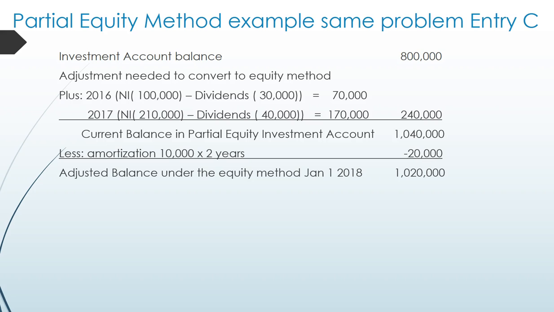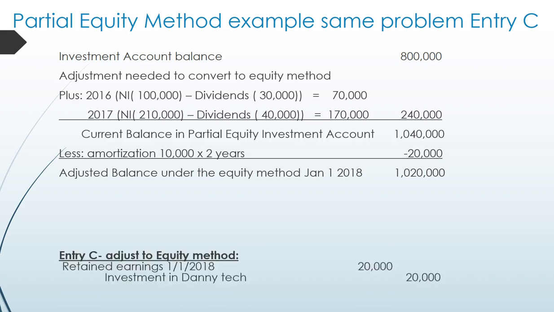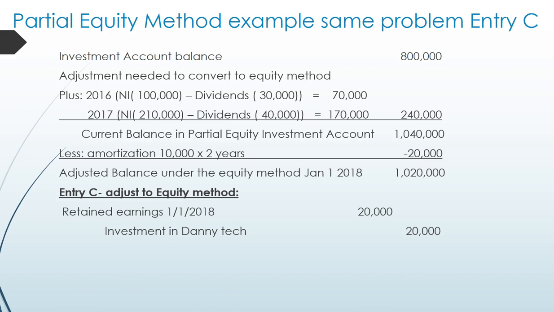So the adjusted balance using the equity method should be $1,020,000. So again, we're going to adjust the parent's retained earnings by $20,000 and adjust the investment in Danny account by $20,000. So we're going to reduce retained earnings for that amortization for the 2 prior years, and we're going to reduce the investment account by $20,000.